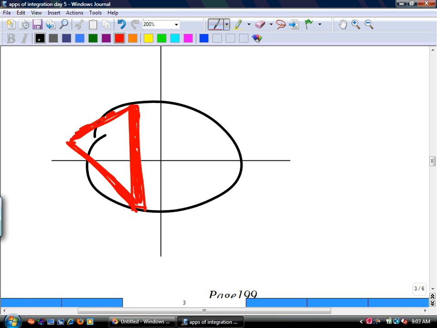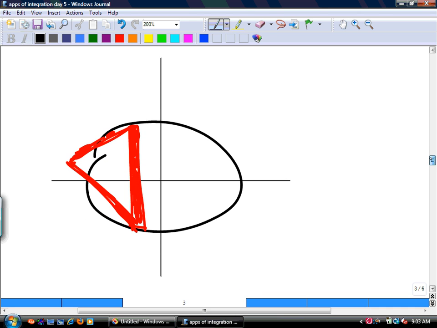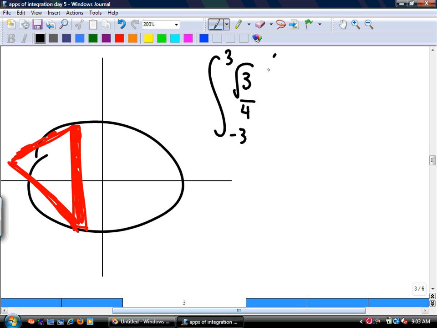Grab the area formula that we've been talking about. So it's 3√3/4 distance squared. And you've already done all the work for that.